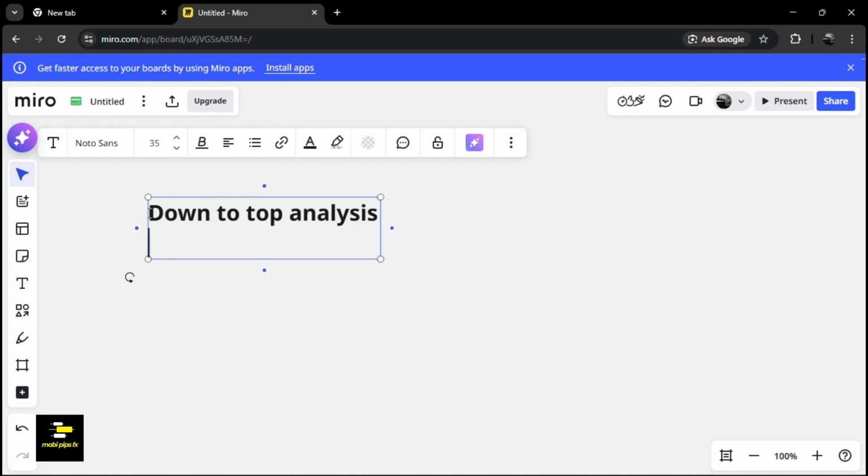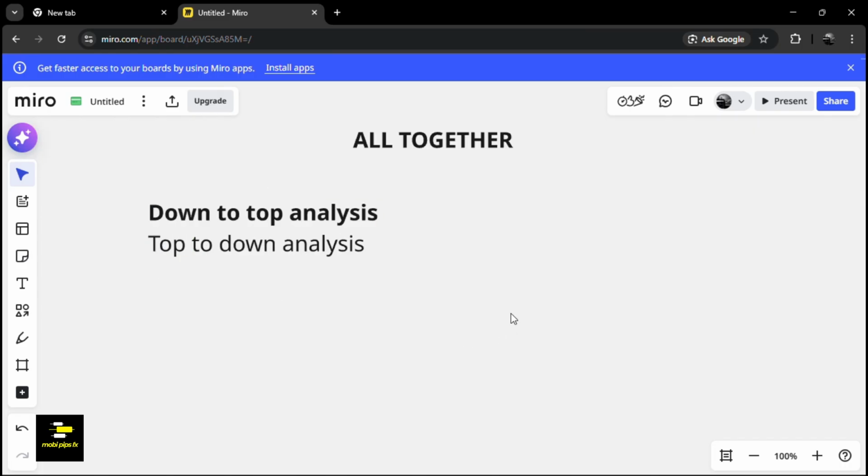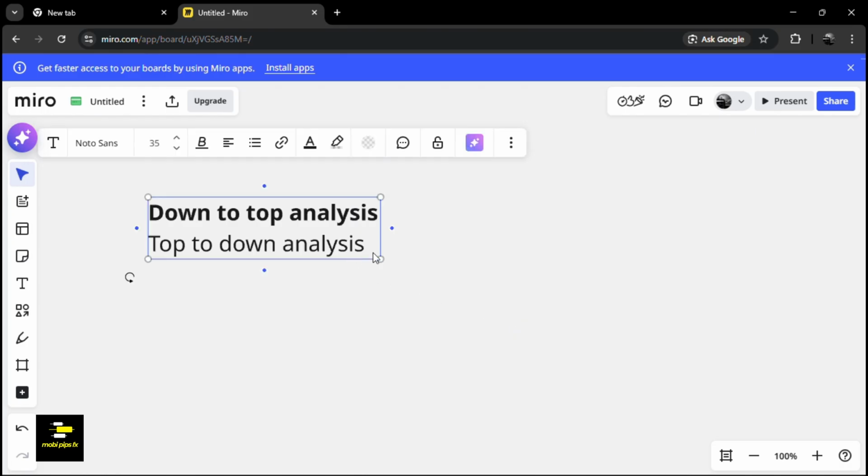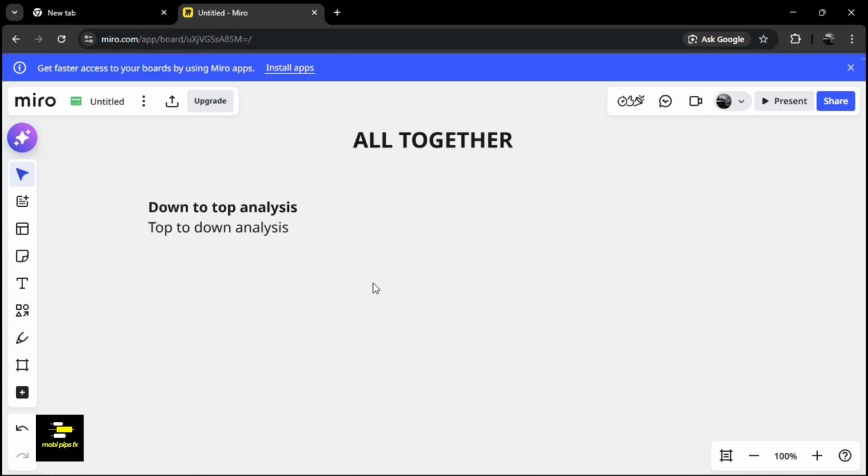Then the second one is the top to down analysis. So these are the two ways you'll be looking at your trade on the market. But we are going to focus on down to top analysis today.